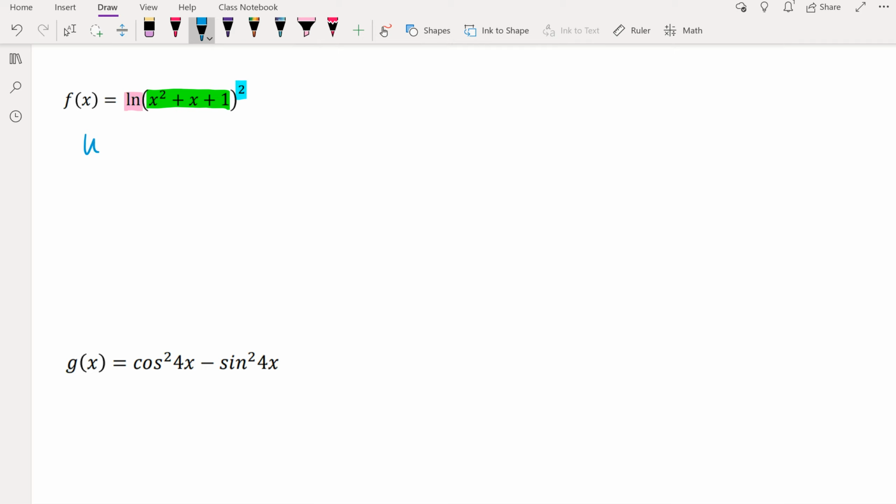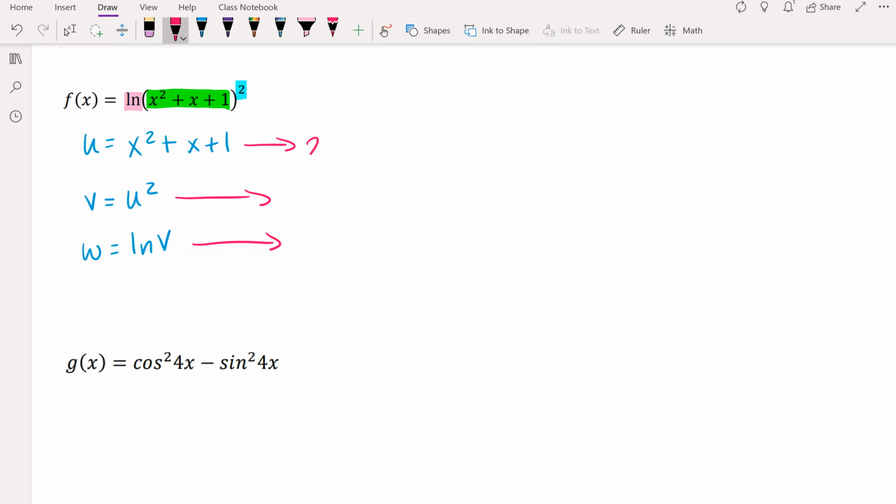So we're going to have 3 pieces. U equals the very most inside, x squared plus x plus 1. V equals u squared. And then let's go with w equals natural log of v. All right, let's take derivatives of each of these.